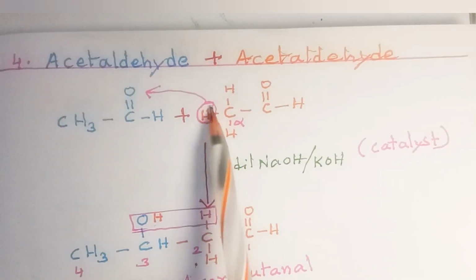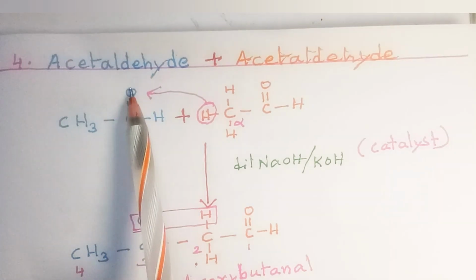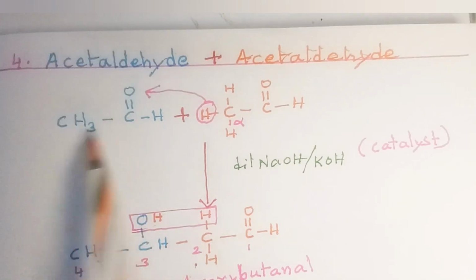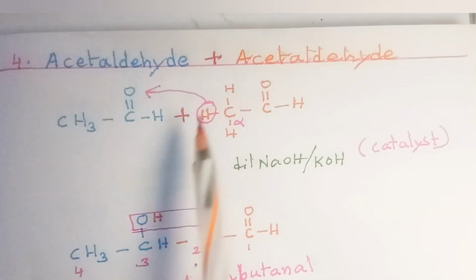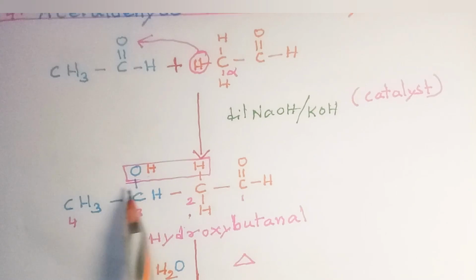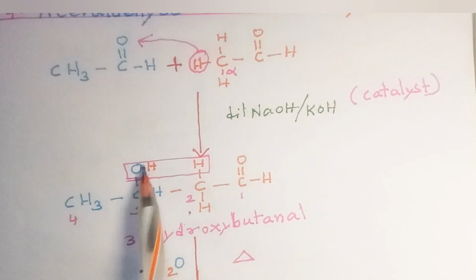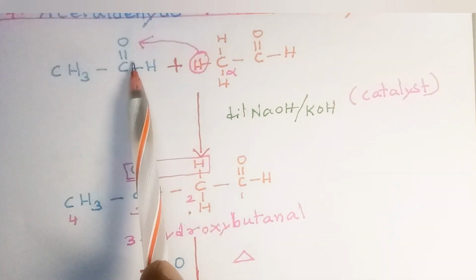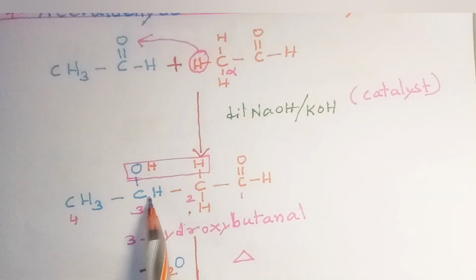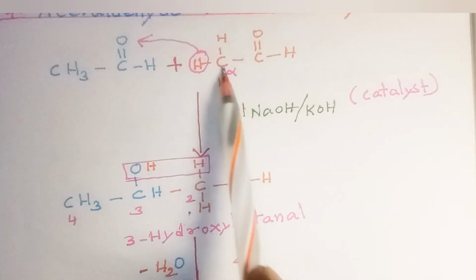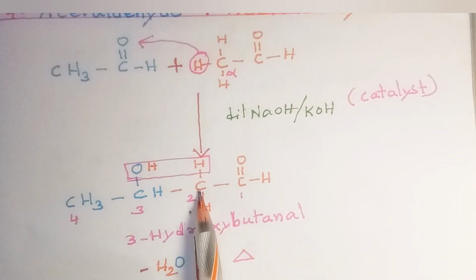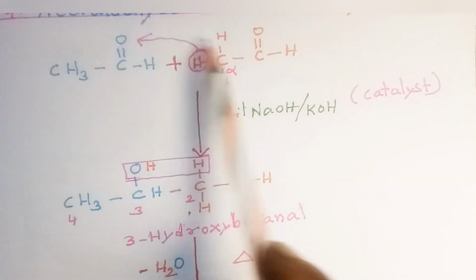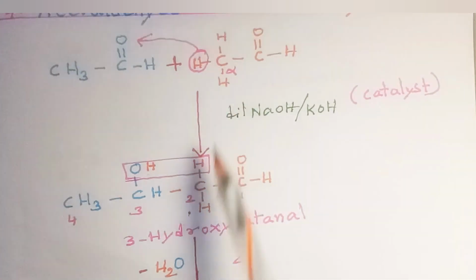One of the alpha hydrogens is joined to the oxygen atom of the first reactant, or first acetaldehyde molecule, as a result of which we get CH3 CH OH, and a bond is formed between the carbonyl carbon of the first reactant and the alpha carbon of the second reactant. Now one alpha hydrogen was shifted here, so there are 2 more alpha hydrogens here.